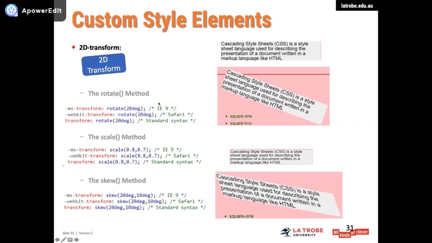For example, the rotate method: you can rotate your text by different degrees. The keyword is transform, followed by a colon and the keyword rotate. The parameter is how many degrees you want to rotate.